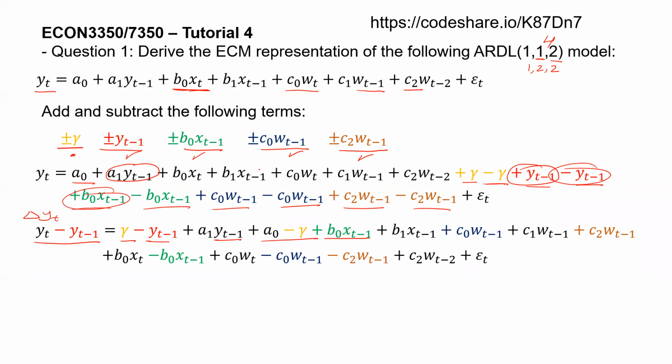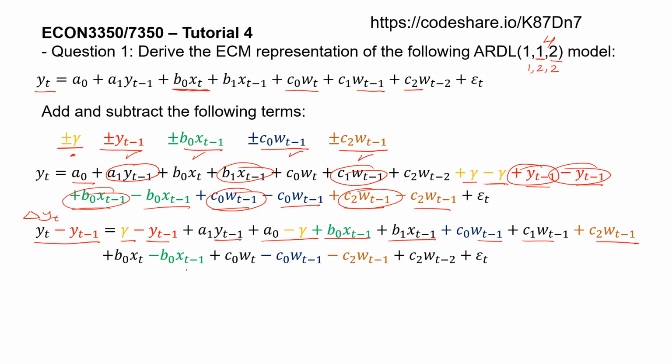Where else is xt-1? It's in here, b1 xt-1, and it's nowhere else. So I will jump now to wt-1, right? So c0, the positive wt-1, c1 wt-1, and c2 wt-1. Those are those 3 terms in here.